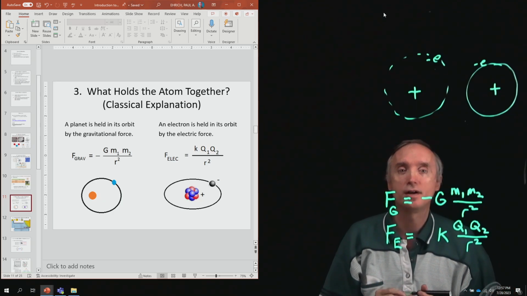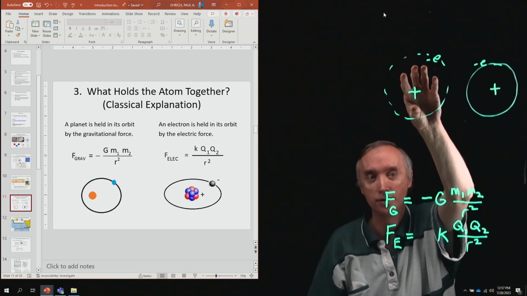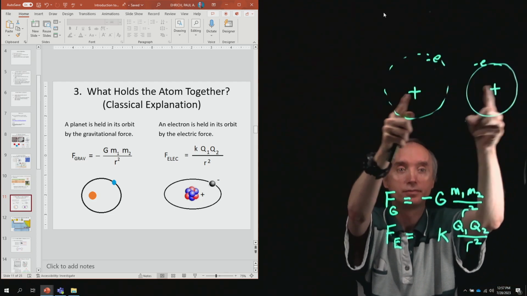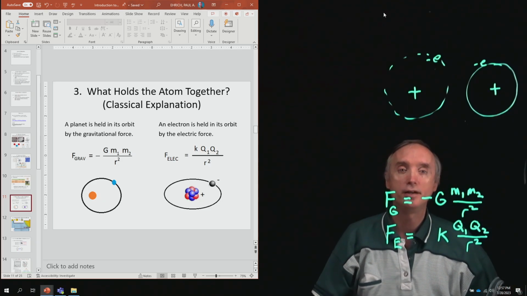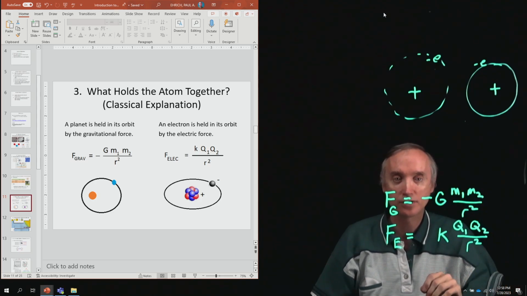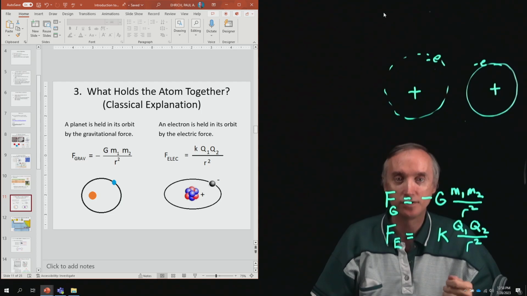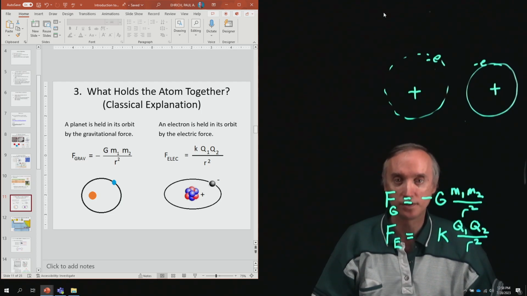So not only does the force of electricity hold an atom together, but it holds atoms together to make a molecule. So for right now, don't worry about this formula. We're going to get to it in the next lesson. I just wanted you to have an idea that it's the force of electricity that holds the atom together.